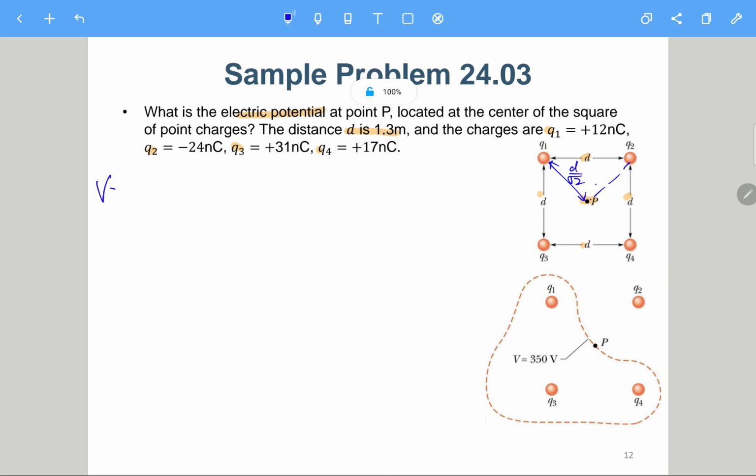So the V at point P will be the summation of i from 1 to 4 of Vi.